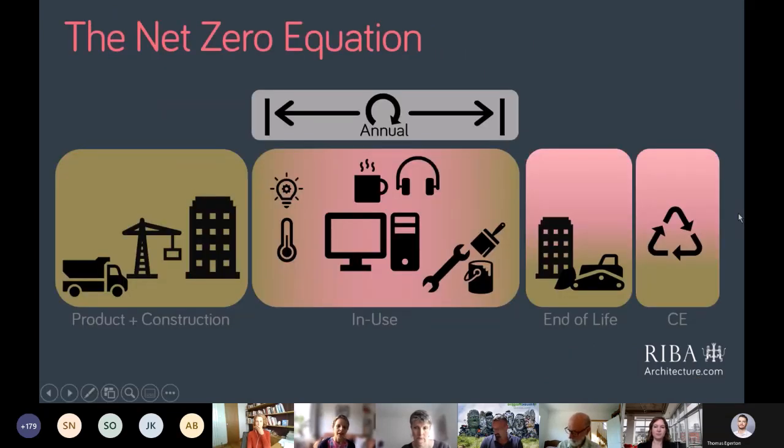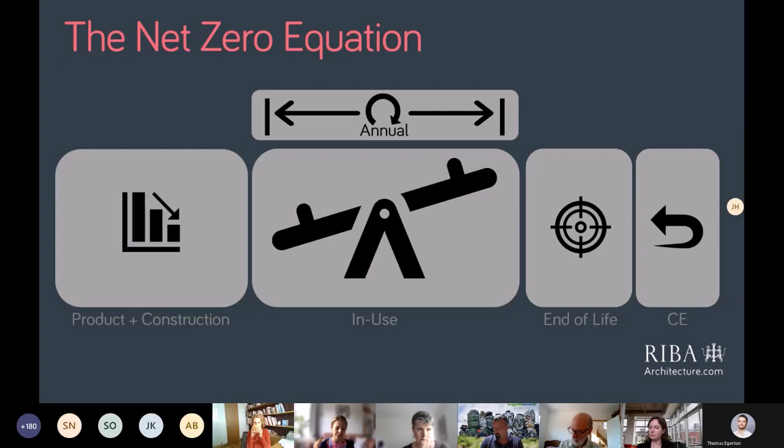Okay, so the in-use, the operational energy, is the in-use bit that I'm going to be talking to. It's the messy bit, it represents that central band on the slide, the messiness of life. It's influenced by external factors such as how cold a season is, but also our own activities inside the building. And in the equation, the constructed building is the constant.